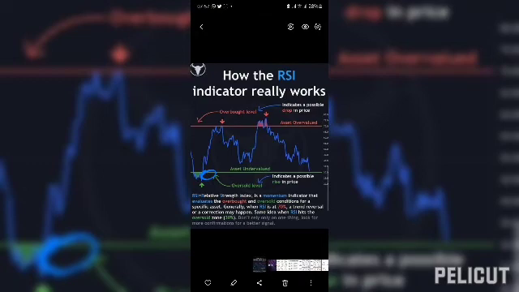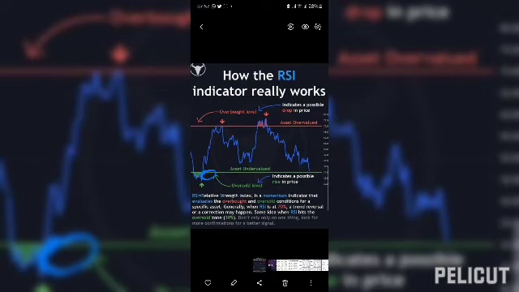It doesn't give you a value where to buy or where to sell, but it gives you an idea that, oh, it is good to enter, so you can now find the best value to enter, or it is good to exit, so you can now find the best value to exit. These are just things that can help you find good entries and exits in the market.